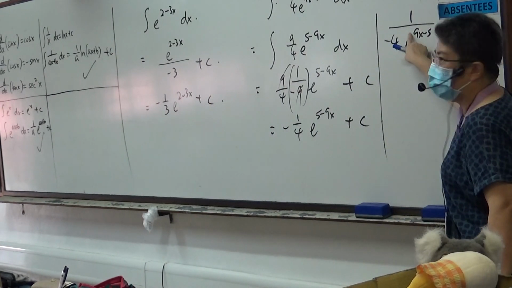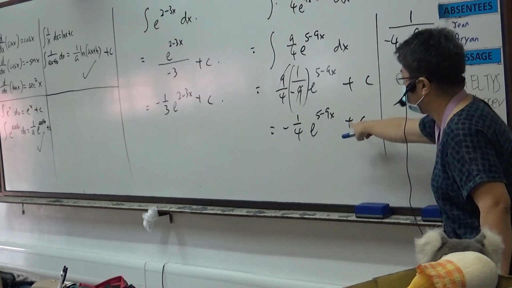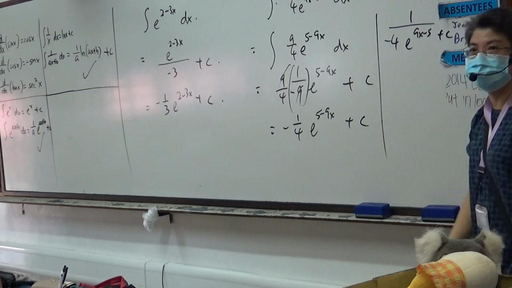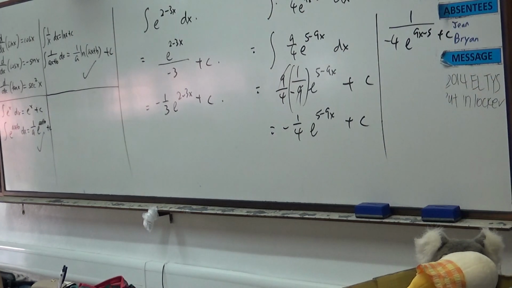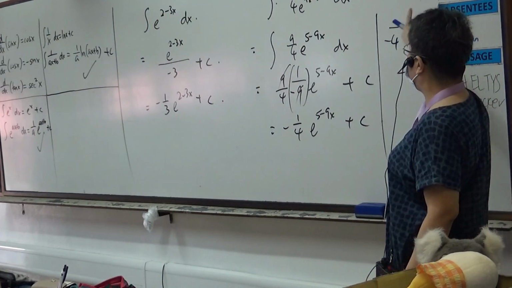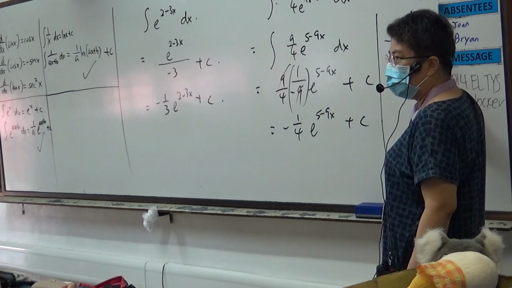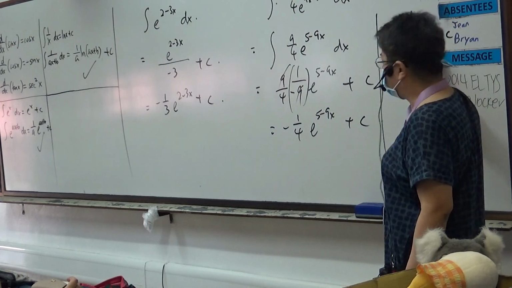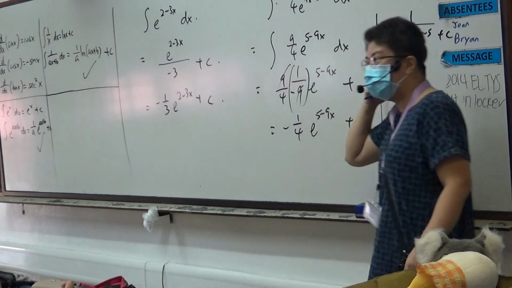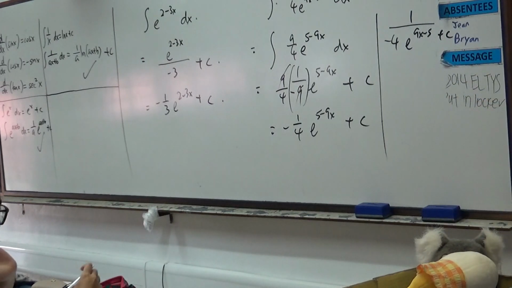If I put a negative on this, I put it on top, it is 5 minus 9x. So it's actually the same. Everybody clear? Do you understand what I'm talking about? This is below, so if I put a negative, I can bring it to the top. Negative of negative 5 is positive 5, then minus 9x. Can you see? It's the same thing. Alright, now, next part.